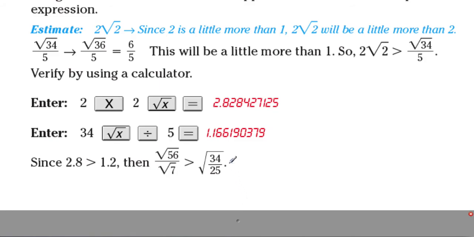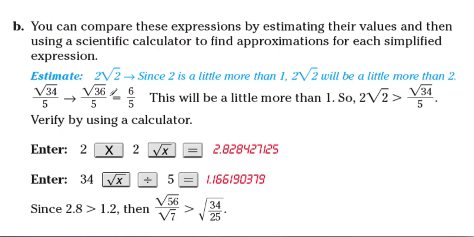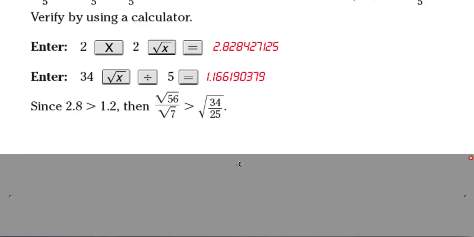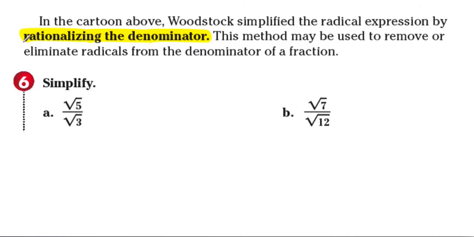Okay, and let's talk about rationalizing denominators for radicals. If you look at your book, there's a cartoon, and if you open it to page 722, in the Peanuts cartoon, it says you're lucky, because you don't have to study math.